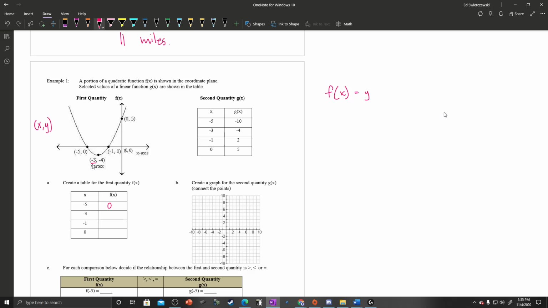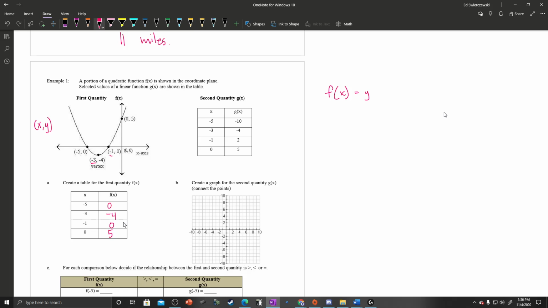So when I look at negative 3, I want to look at the y value of that point, and then I'm going to just write it down in my table. So in this case, it would be negative 4. So now I can look at negative 1, y value is 0, 0, the y value is 5.